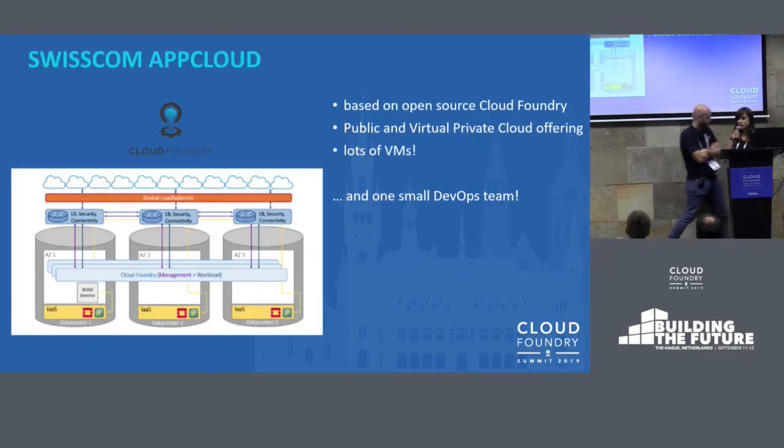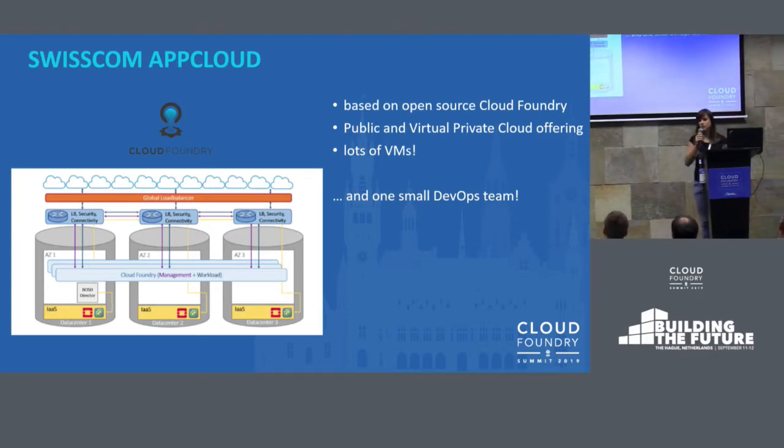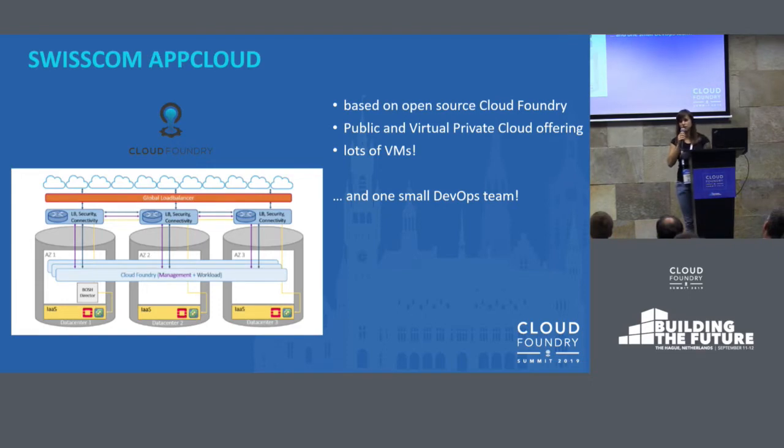So let's have a short view on the Swisscom application cloud to give you some necessary background information for the upcoming topics in this talk. The Swisscom application cloud is our own custom platform as a service offering, which is based around the open source version of Cloud Foundry. We have a public offering which is available to anyone.